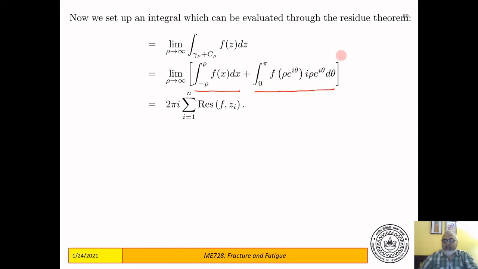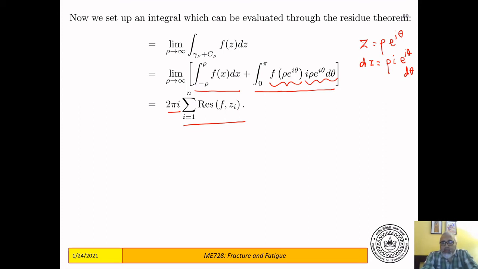Remember, on this circle z is equal to rho e to the power i theta, and therefore dz is rho i e to the power i theta d theta. So that's what I have put here, and f is a function of rho e to the power i theta. I know that this integral by the residue theorem will be 2 pi i times the sum of the residues of the function that lie within that domain, gamma plus c.